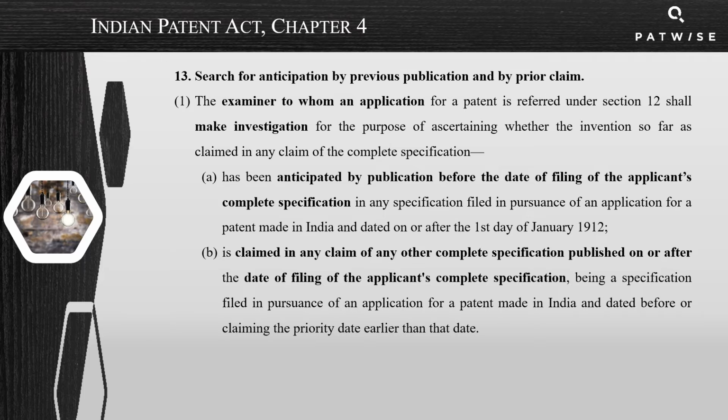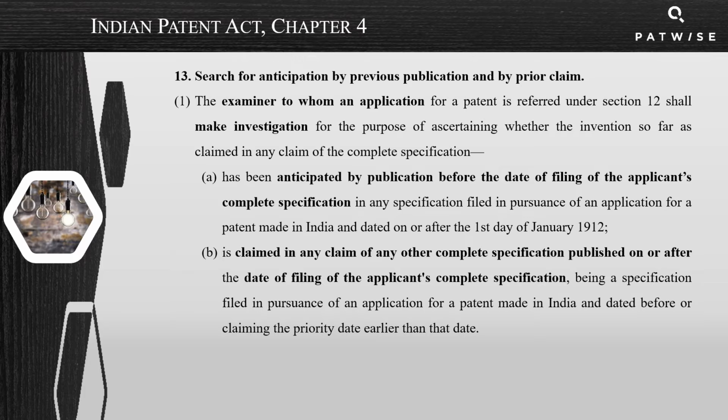So basically subsection 1, so 13.1, has two types of searches. One is a date after the filing date of the application and a date before the filing date of the application. Once the examiner gets an application that he has to examine, he notes the date of filing of that particular application.